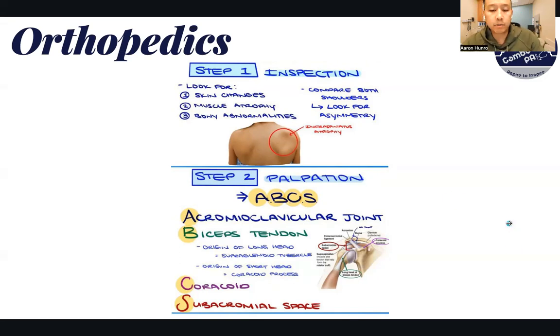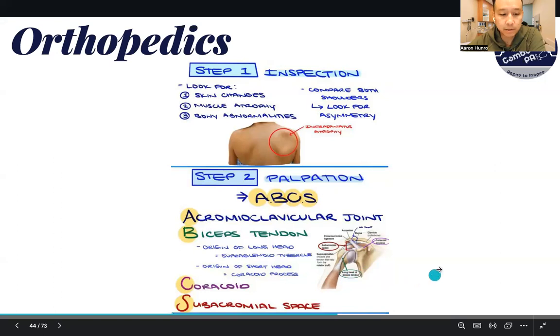And then second, we're going to go in and palpate. So we're going to palpate that AC joint, that acromioclavicular joint, just to make sure it's not sprained or widening. And then we're going to palpate the biceps tendon to make sure that there's no defect right there, what we call a Popeye deformity.